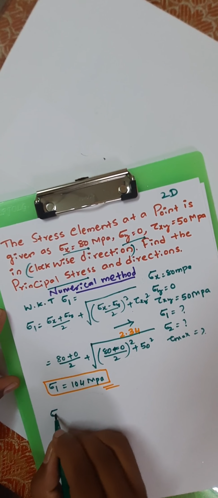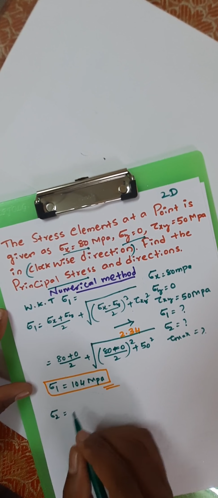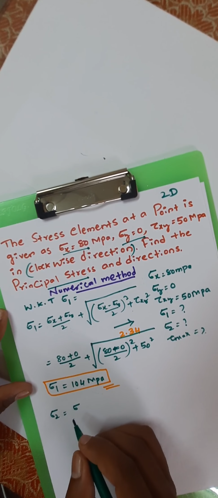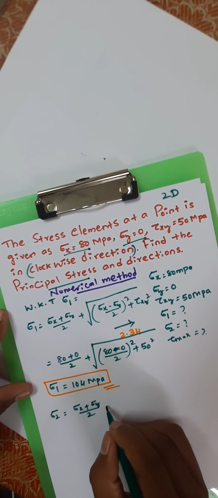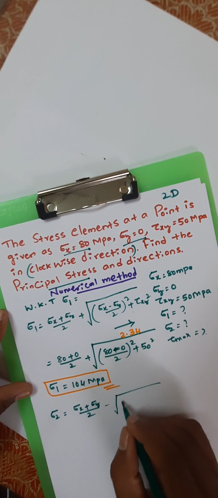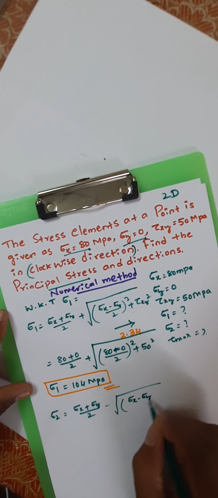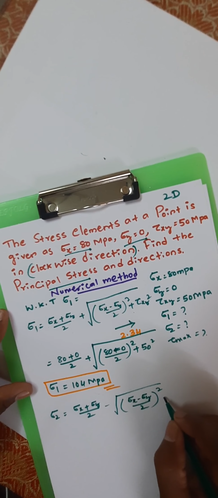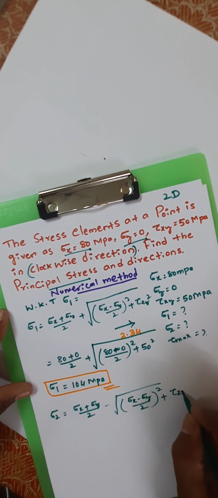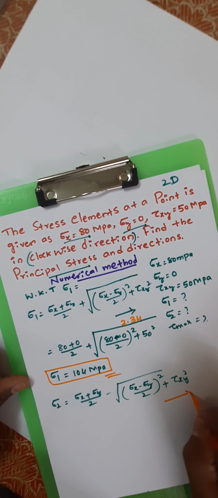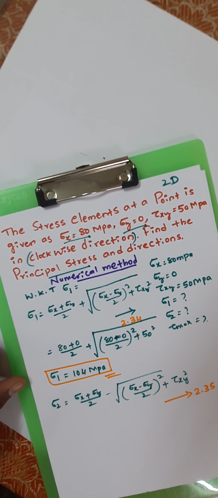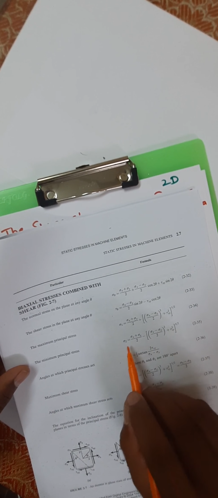Here, the equation is sigma 2 is equal to sigma x plus sigma y divided by 2 minus square root of sigma x minus sigma y divided by 2 whole square plus tau xy square. This is available in the design data handbook, equation number 2.35, page number 2.7. This is the equation for the minimum principal stress, sigma 2.